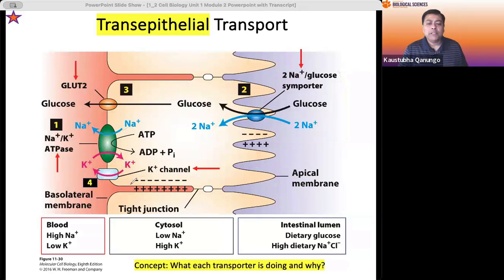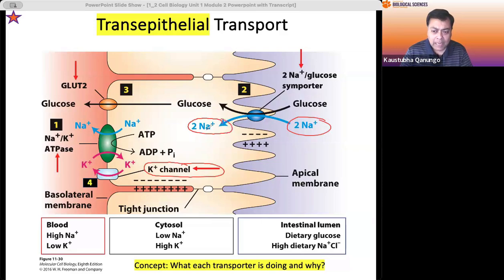So you may think, why is this potassium channel in here and what exactly is its function? Think about this: the sodium plus charge is coming into the cell. See that the inside of the cell is negatively charged, and as soon as this plus charge comes in, the inside of the cell will start becoming positive, and the cell doesn't want that.